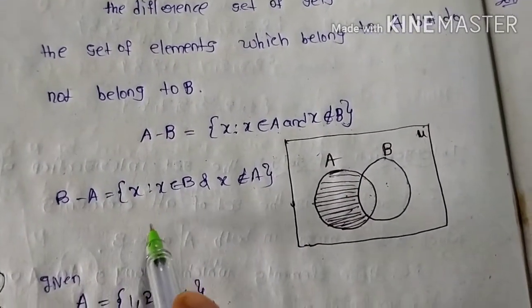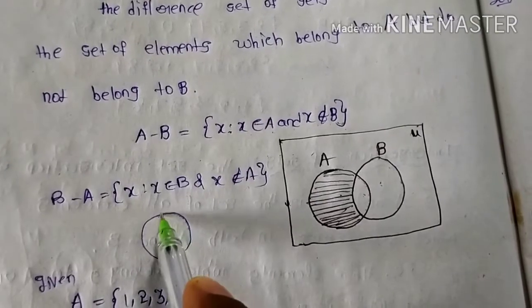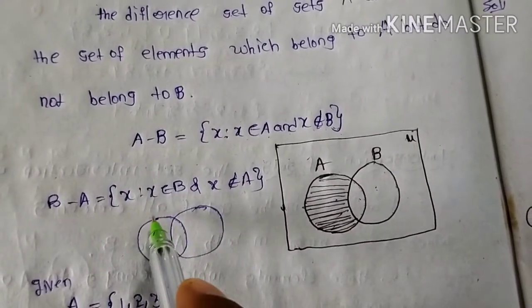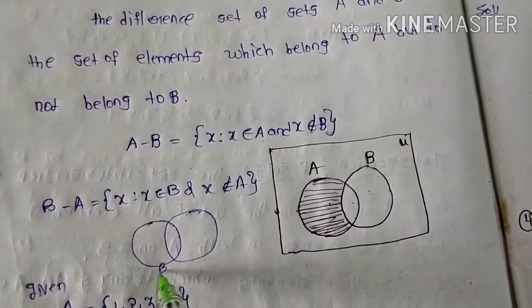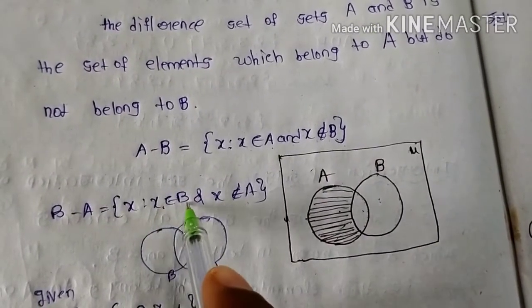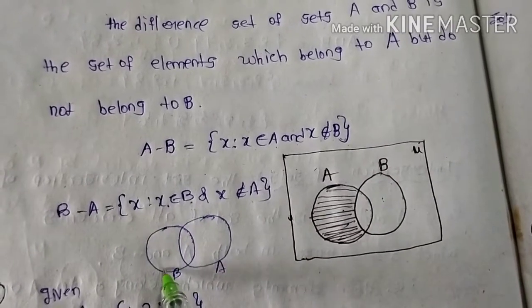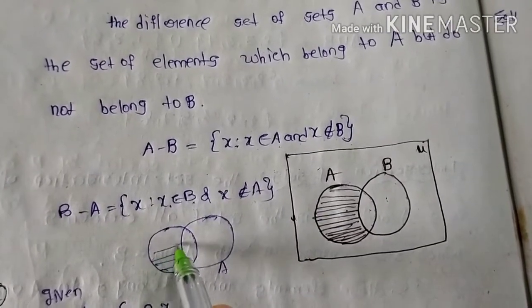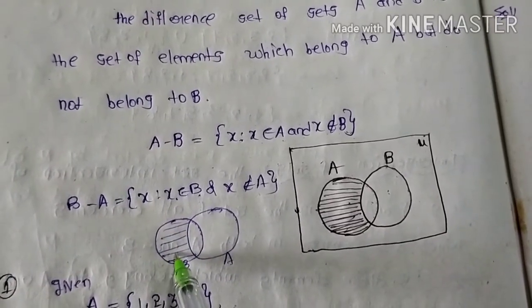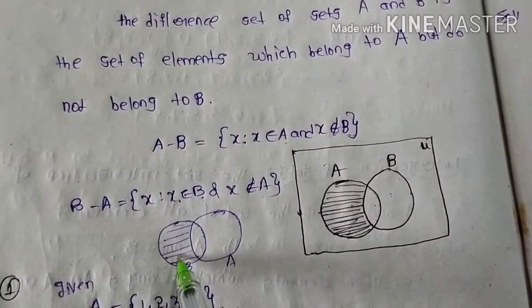How can you represent it? Just say this is the set B, this is A. For your easy purpose I am taking it: this is set B, this is set A. See here, the element belongs to B or not, so you can take here the shaded part only, which will represent B minus A. Why?